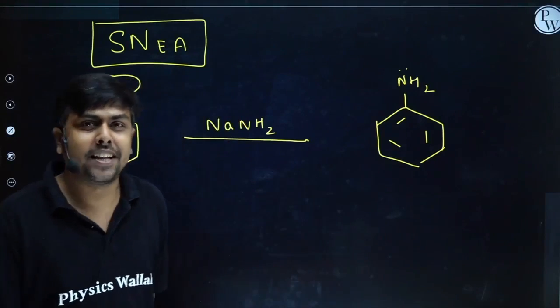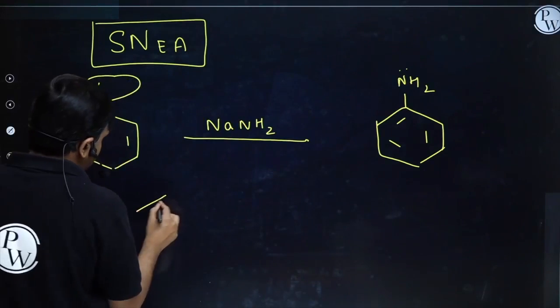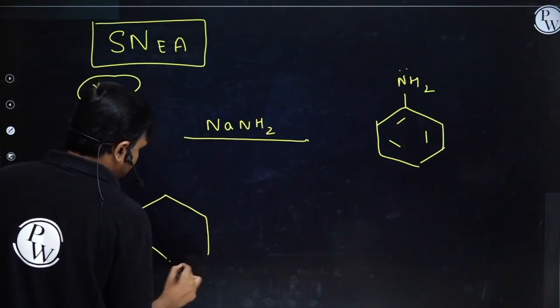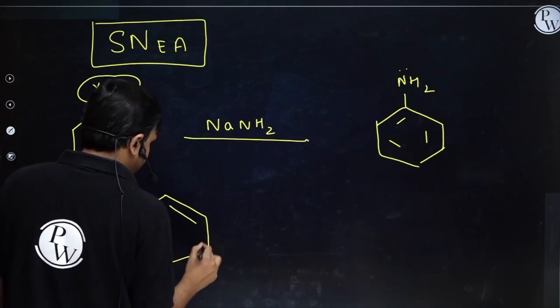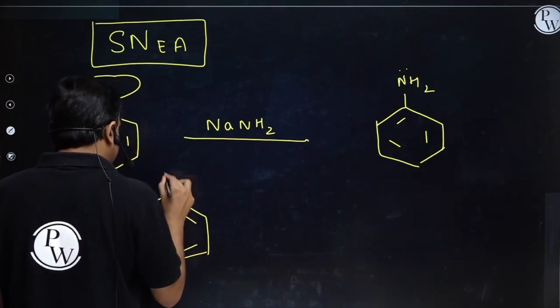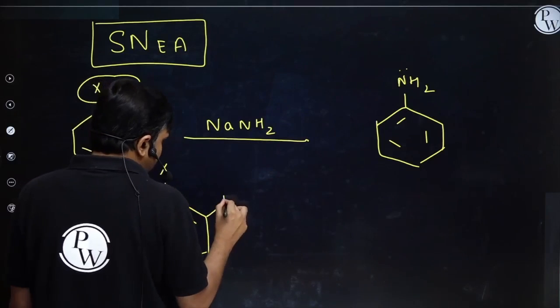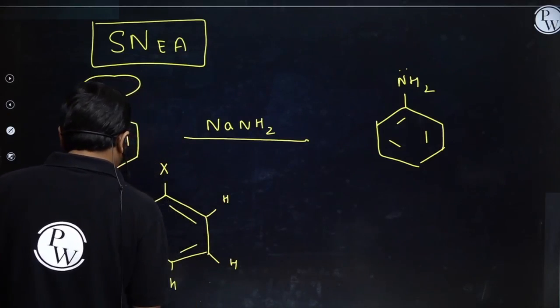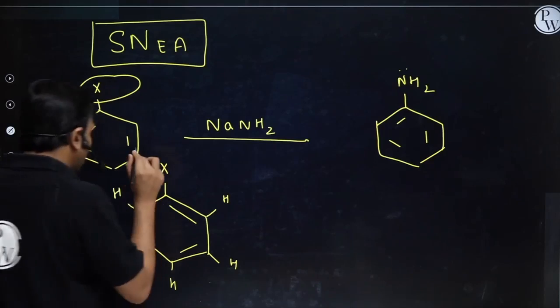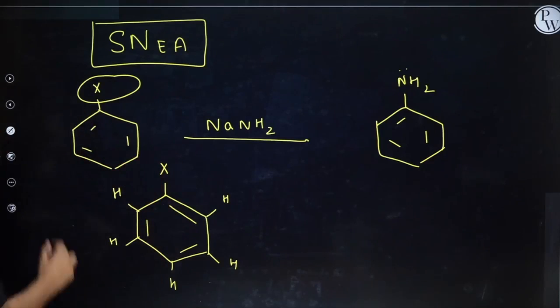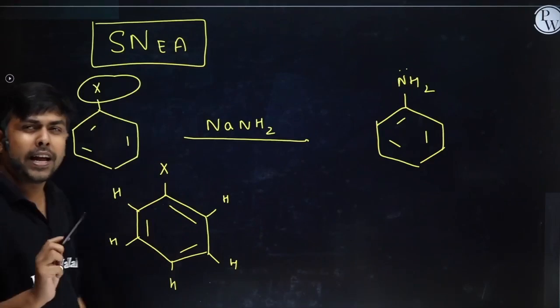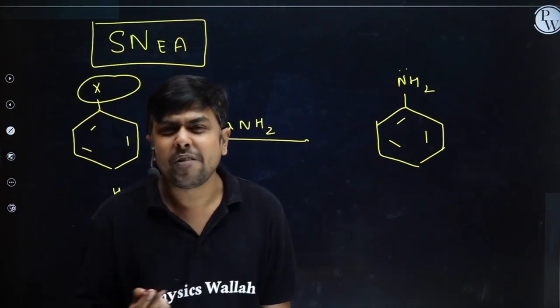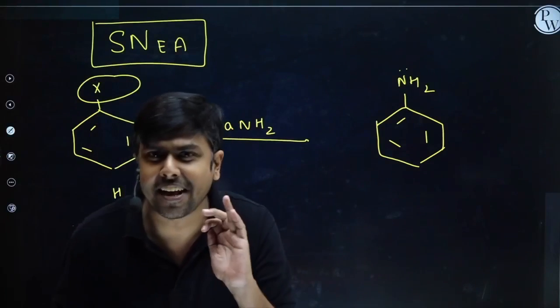Let's discuss the mechanism of this reaction. I have my aryl halide, this one. Students, on every carbon we have one hydrogen, and this hydrogen is connected to an sp2 hybrid carbon everywhere. And if hydrogen is connected to an sp2 hybrid carbon, obviously it has somewhat acidic character.